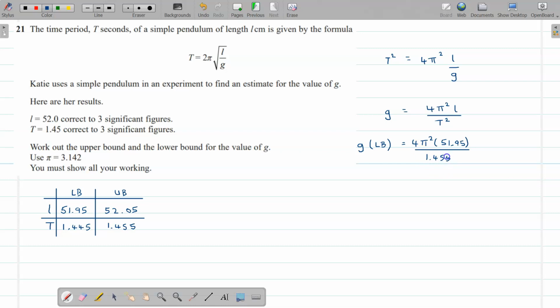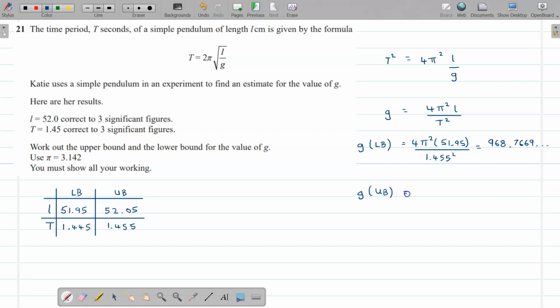You must show this working clearly, and that comes to 968.7669.